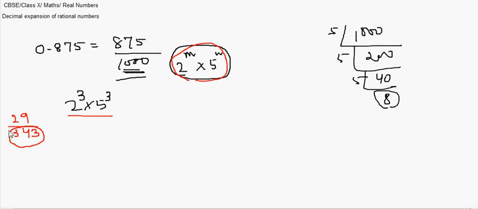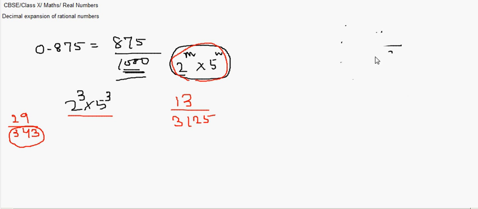Maybe one more. 13 upon 3125. Can we express 3125 in terms of 2 to the power m and 5 to the power n? Not necessarily that both have to be there. So it is 3125.